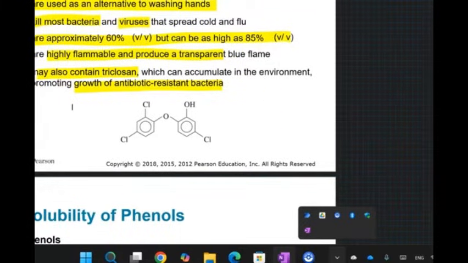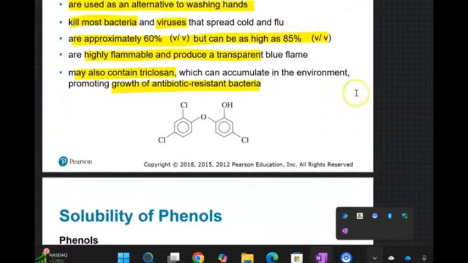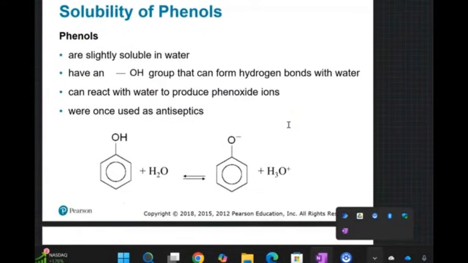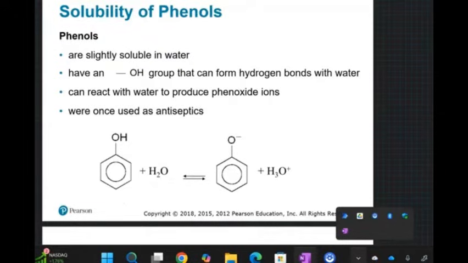So we finished the conversation on Wednesday with the discussion of phenols. Now let's talk about phenols being dissolved in water. As you can see here, phenols can be dissolved in water. They are slightly soluble, and the reason why is because they have an OH group.